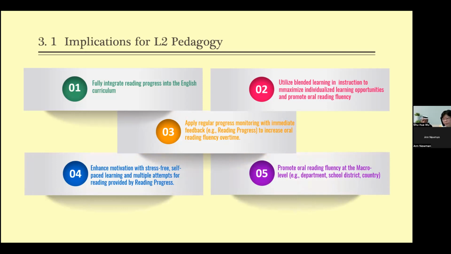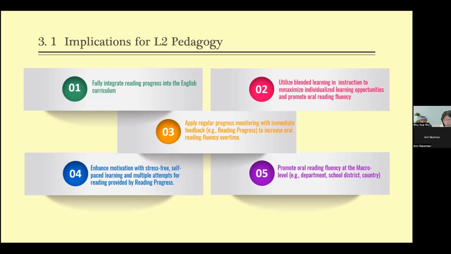Individual teachers cannot do so much. I mean, through the department they need to decide, or within each school, the Department of English needs to decide to apply this Reading Progress among all the teachers. And then it goes to the school district, and then it goes to the whole country at large.